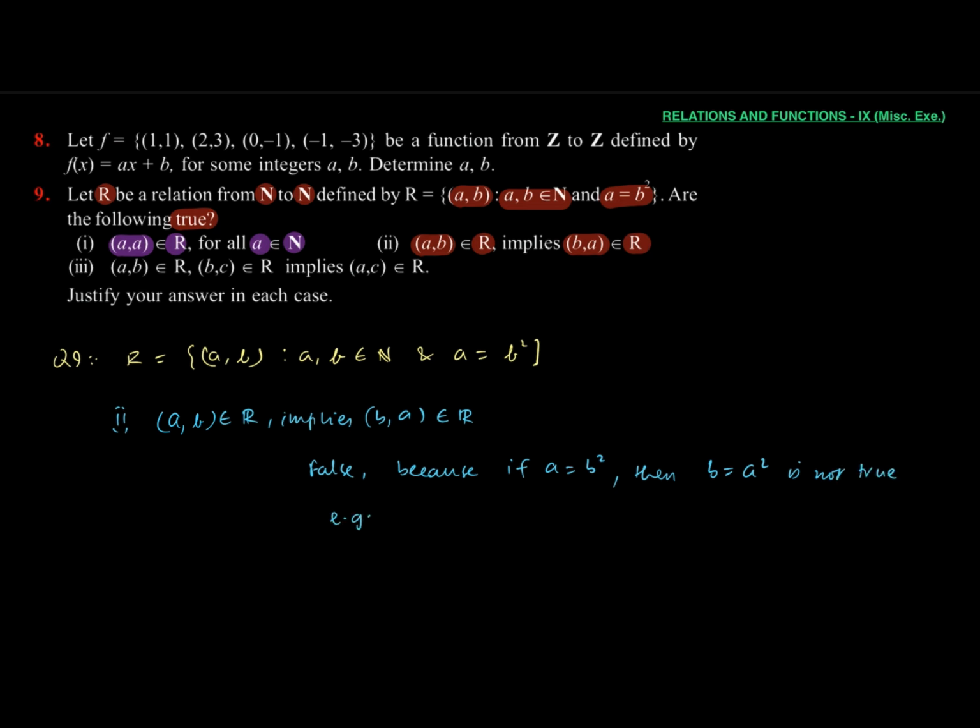Take for example, 4 is equal to 2 squared, then 2 is equal to 4 squared is not true. Hence it's not a relation.